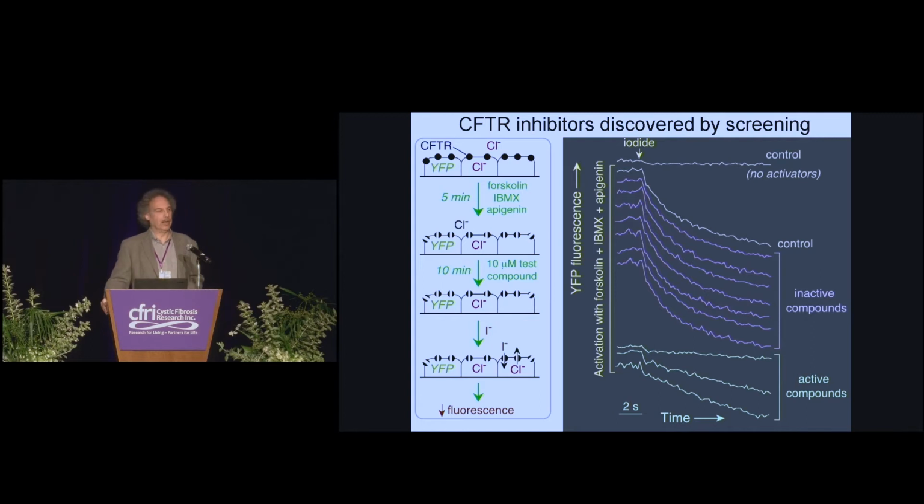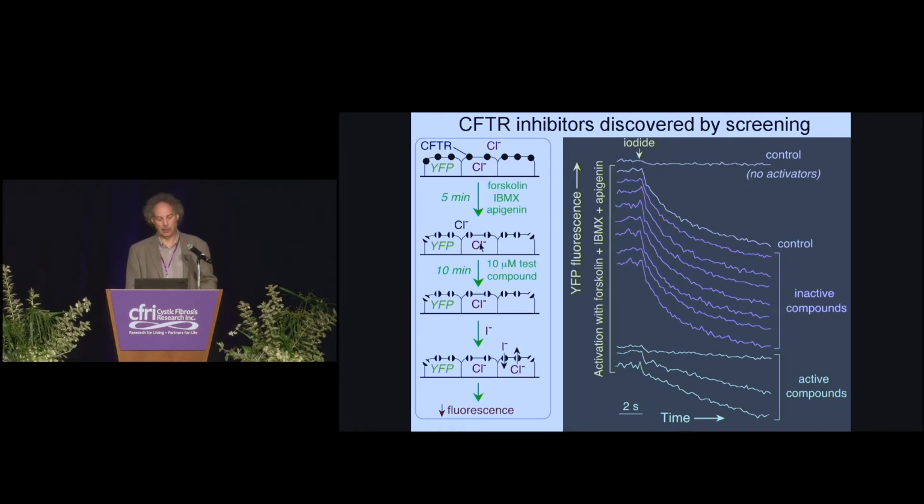So our screen was as follows, and I'll just take you through this because the screening method is very similar for all of the different drugs we've discovered. In this case, shown at the upper left, we have cells with our YFP, our halide-sensitive indicator, with human wild type, that is normal CFTR.